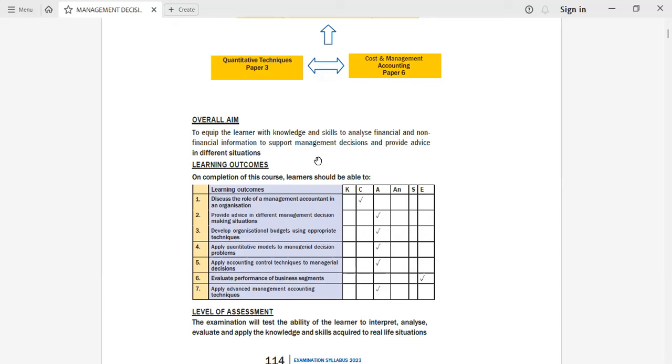What happens in some organizations, due to resource problems, you find that not all these organizations are going to have a management accountant, because we said we have a resource challenge. And therefore some companies can't afford to hire the three accountants.